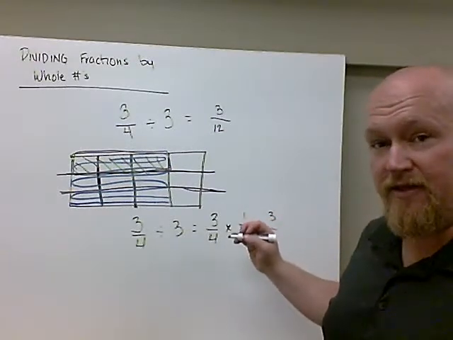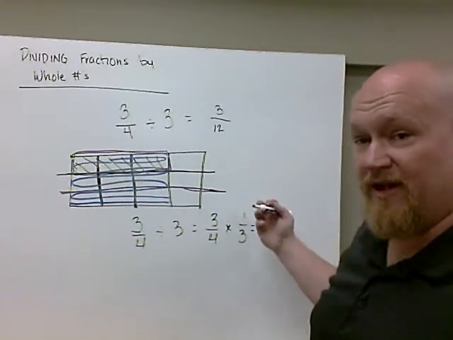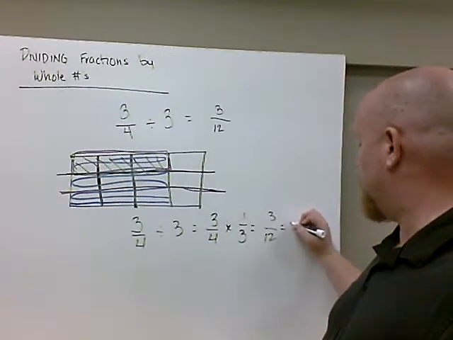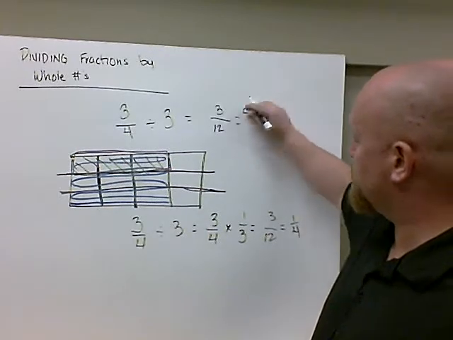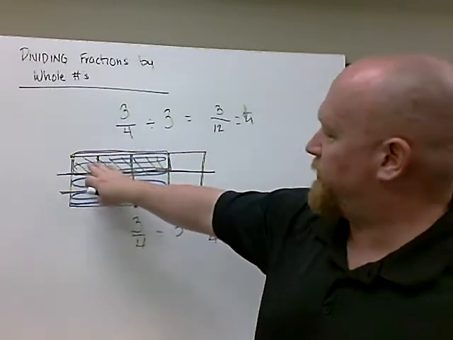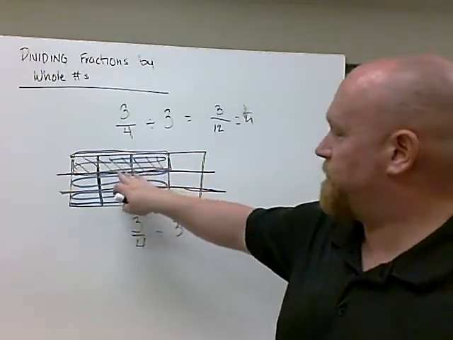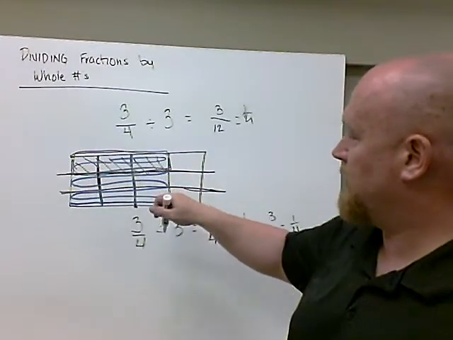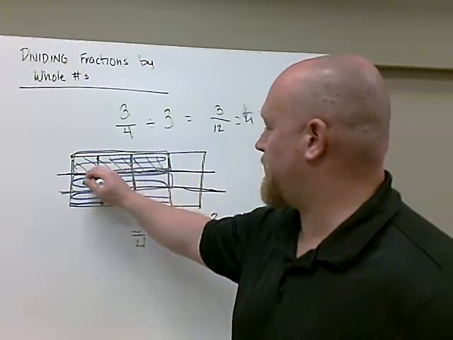We can simplify this and reduce it to its lowest terms. 3 and 12 both have 3 as a common factor, which equals 1/4. It's interesting and a little hard to see if we look at it like this. But 3 pieces out of 12 is 1/4. You might not visually be able to see it when we do it here, but here's a second set of 3.